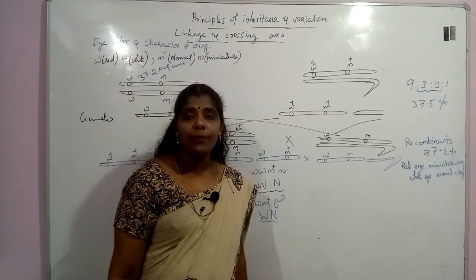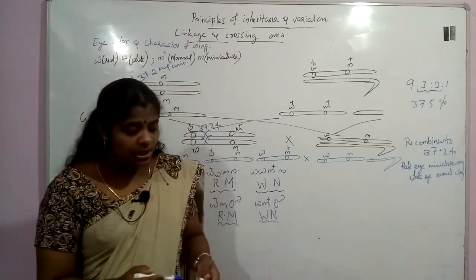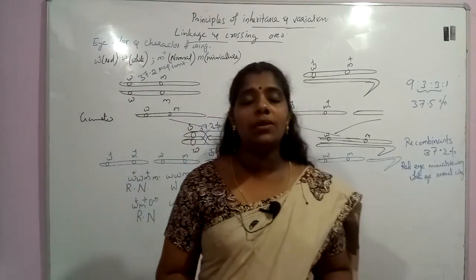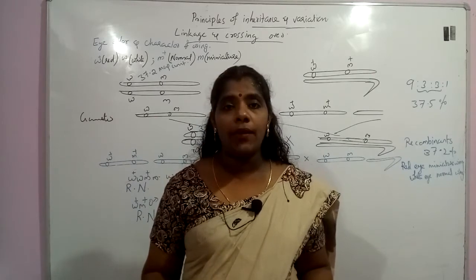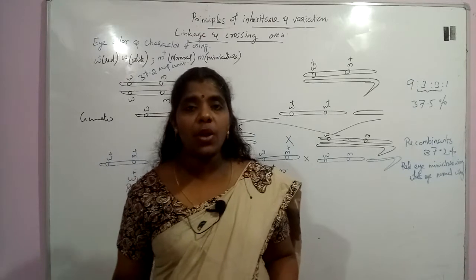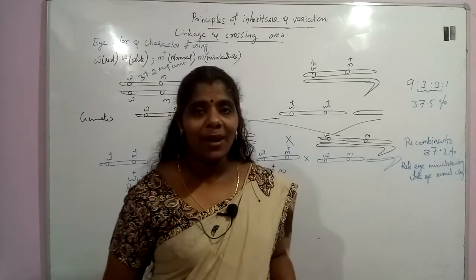And in the case of Mendelian inheritance, when these two genes were present on two different chromosomes, the recombination frequency was 37.5. That means out of 1000 new plants produced, 375 showed the non-parental combination.